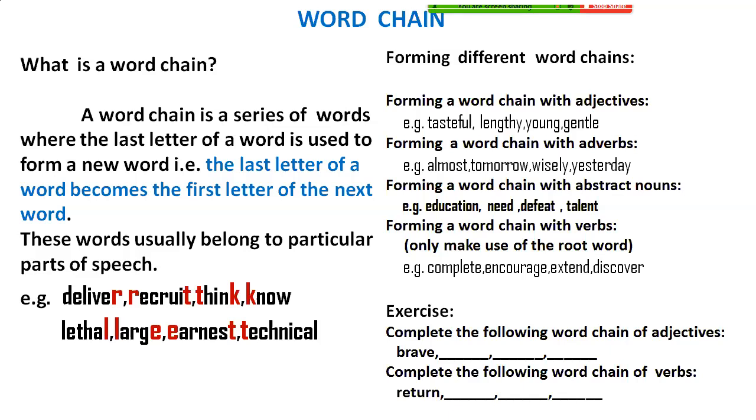The letter T is the last letter of the word earnest. Using this letter T, we form the next word, technical, where the starting letter is T. Again, if you observe this, you will see they're all adjectives. This is how a word chain is formed.